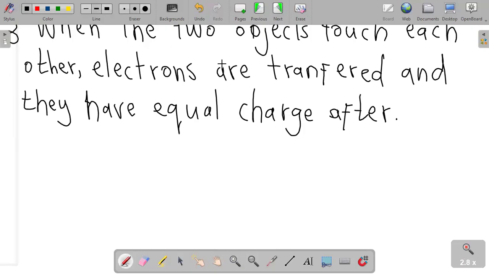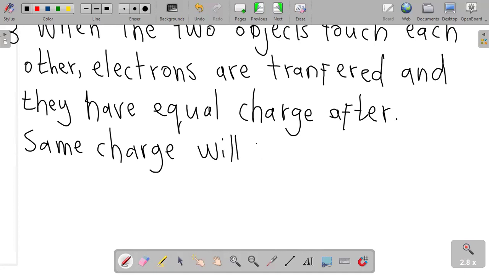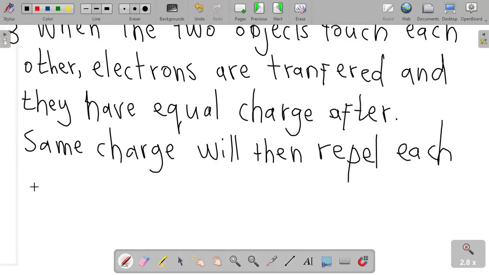So same charges will then repel each other.